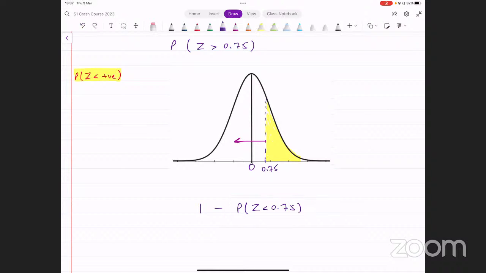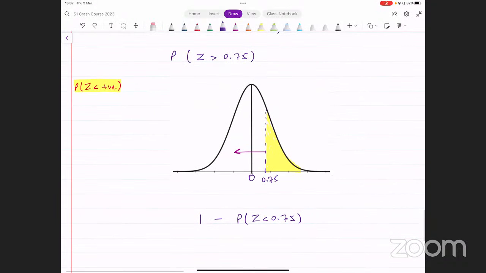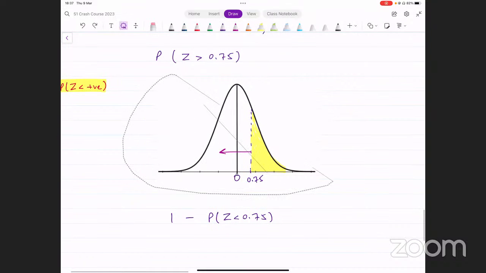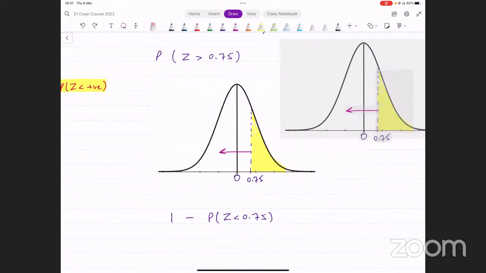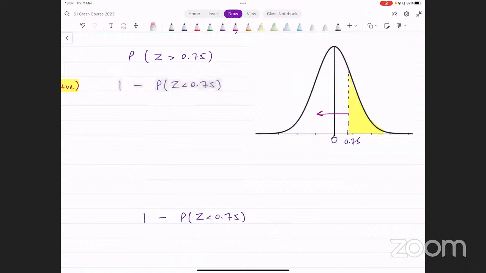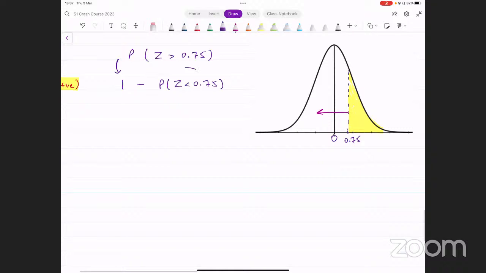So what we do here is we convert this probability that we have to a form that looks like this. Now let me just take it to the side, in fact. So this is what you do. You convert this probability to something in this form. And now you can use the table to find this, z less than 0.75.